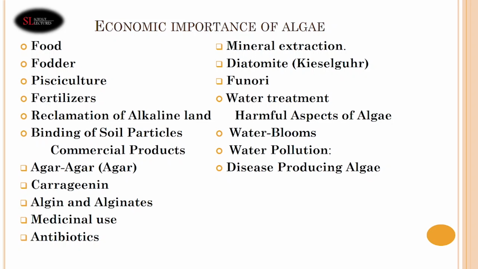The alkaline land is sometimes known as usar land, U-S-A-R. During the rainy season, they get blue-green algae, especially those belonging to the genera Nostoc and Anabaena, and these algae are grown in waterlogged conditions.